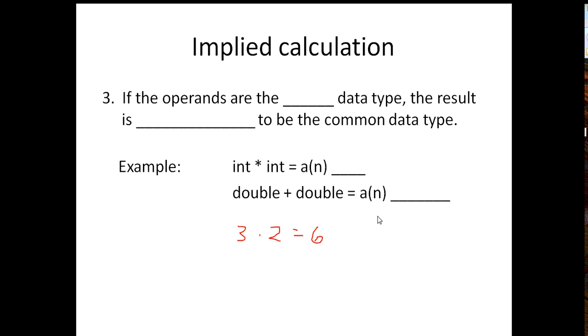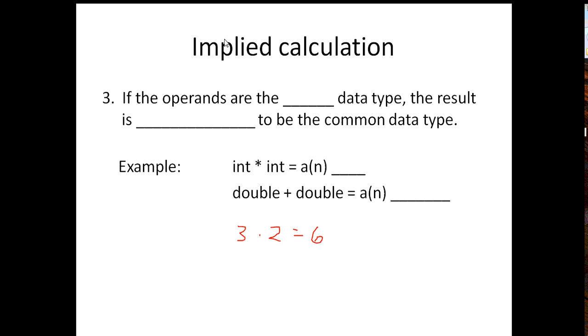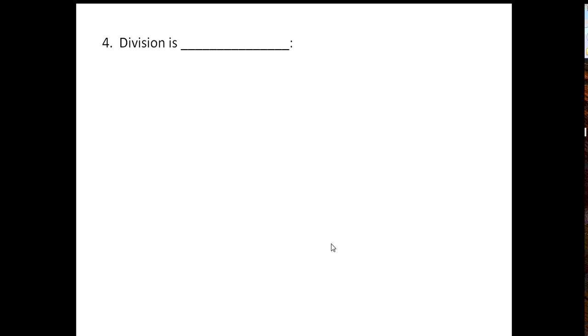And you might think, well, that's easy. Well, it's going to be a little more complicated as time goes on, and some of you will actually forget this as we do other things in the next days ahead. So, division is tricky. Yes, I said tricky. Here's what happens. Implied calculation says that an int divided by an int must be an int.